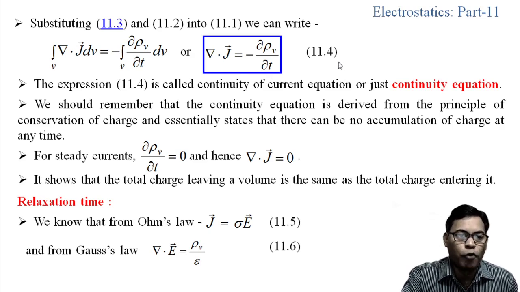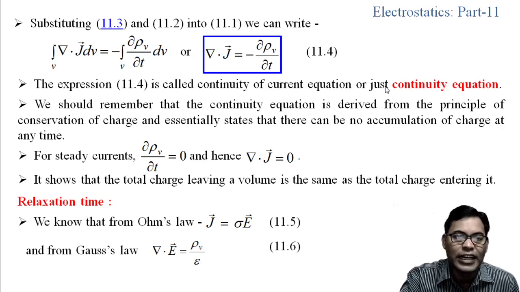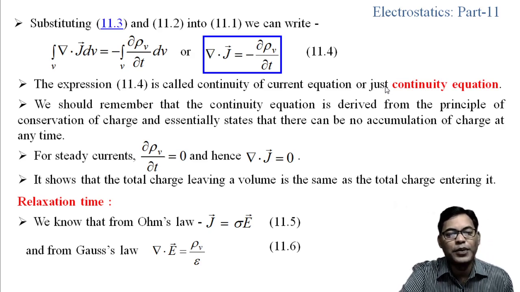This expression 11.4 is called the continuity of current equation, or simply the continuity equation. One point we should remember is that this continuity equation is derived from the principle of the conservation of charge, and essentially it states that there can be no accumulation of charge at any time.